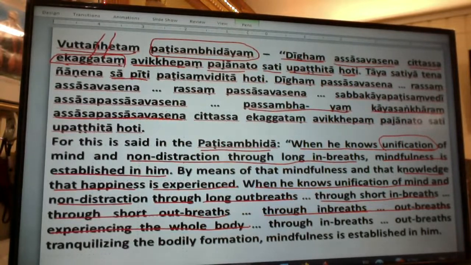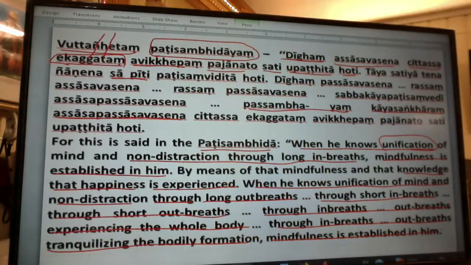So at that time, there is more concentration power. So you can spread the meditation object to the whole body. Through in-breath and out-breath, tranquilizing the body formation, mindfulness is established in him. Like this.